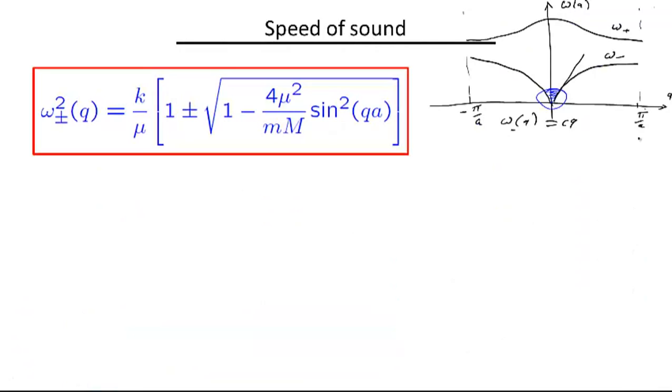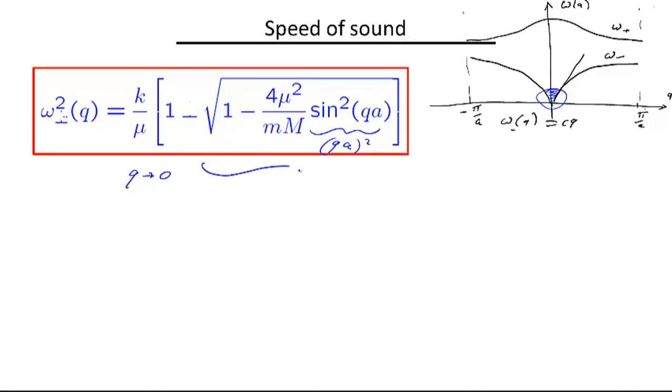So finally, let me calculate the speed of sound, that is the coefficient of proportionality in this dispersion of the acoustic wave as q goes to 0. So if we just focus on the minus sign in this equation, if we consider the limit of q very small, then the sine can be expanded in Taylor series just up to first order, so we're just going to have qa squared instead of the sine.